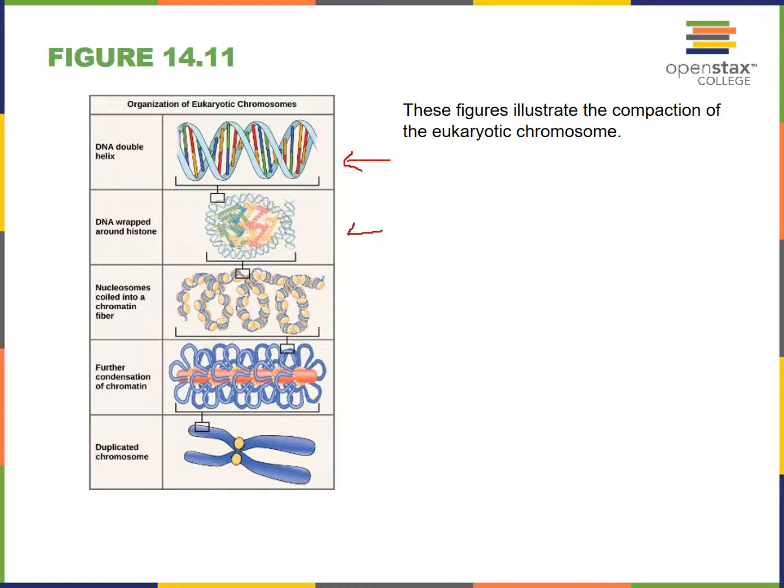Most DNA, however, is wrapped around a complex of proteins called histones. And the DNA will wrap around the histone like 2.5 times. And this wrapping around the histones will condense DNA a little bit.